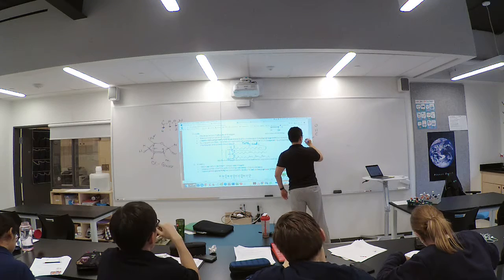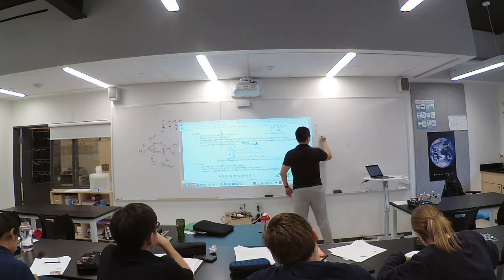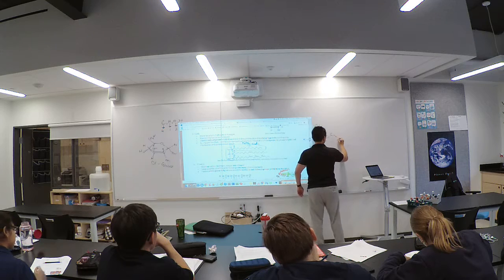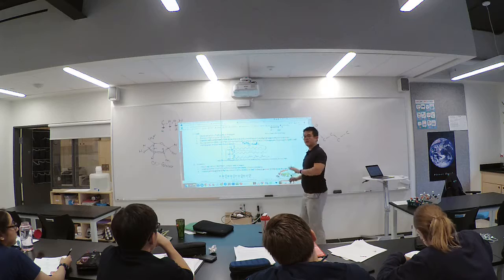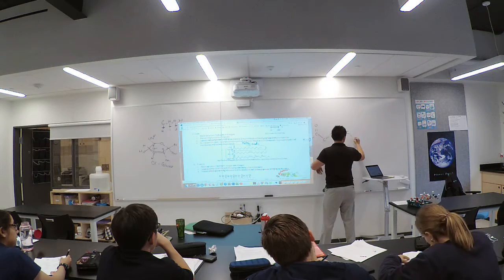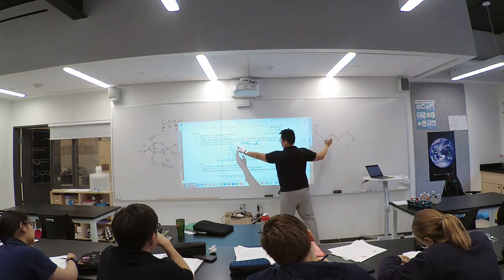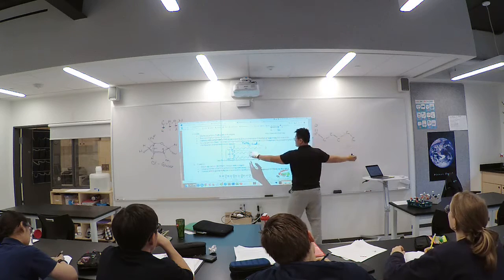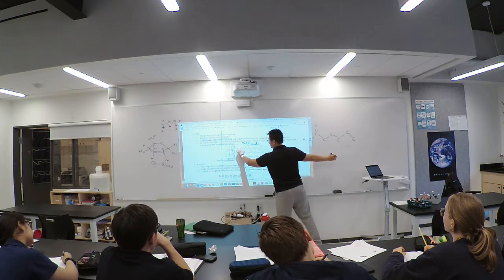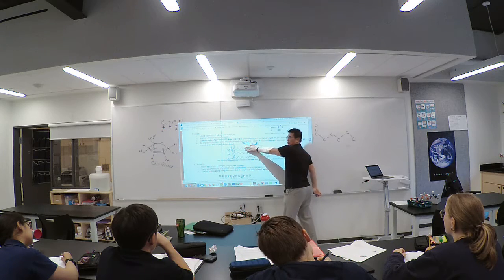Carbon, OH, carbon, carbon, carbon, carbon. It just continues on like that until, let's just imagine instead of so many carbons, it's a little bit shorter. So just 1, 2, 3, 4, 5, 6. Just imagine that this is only this small.